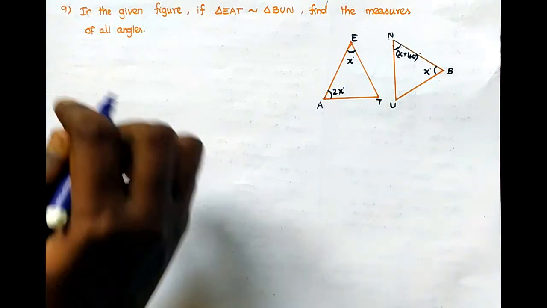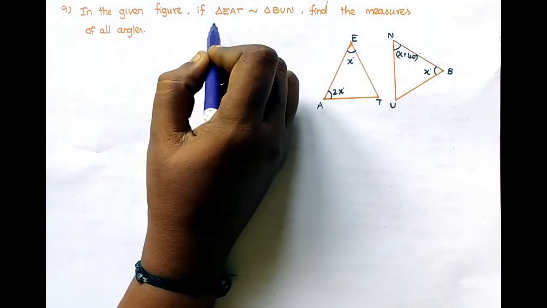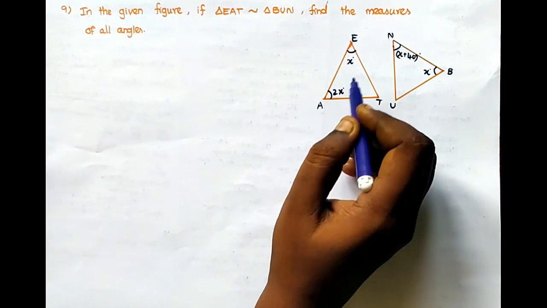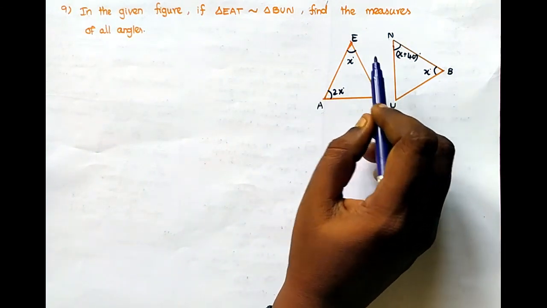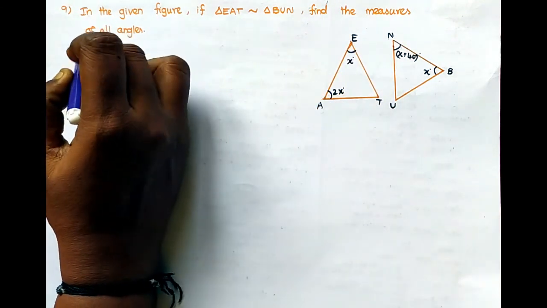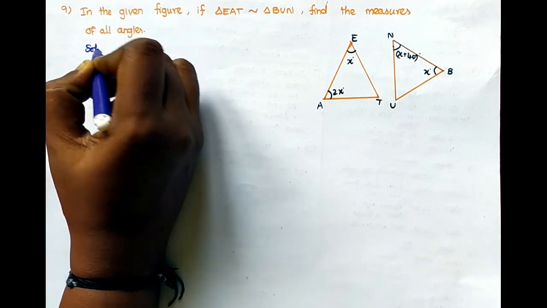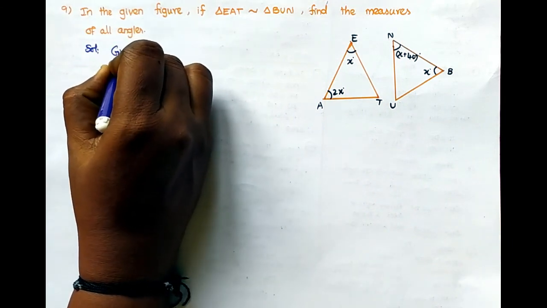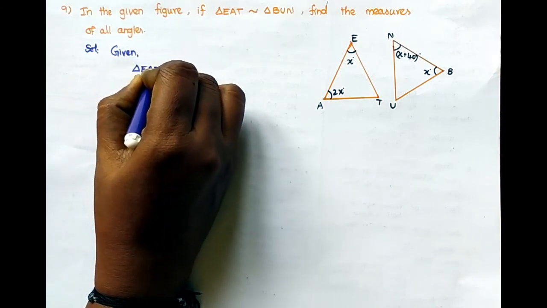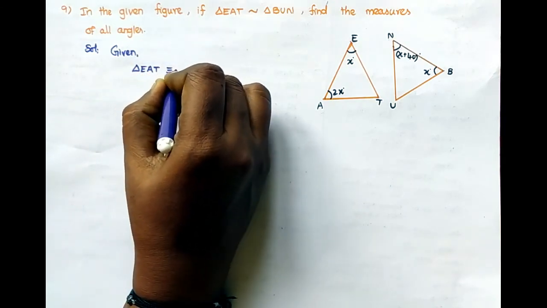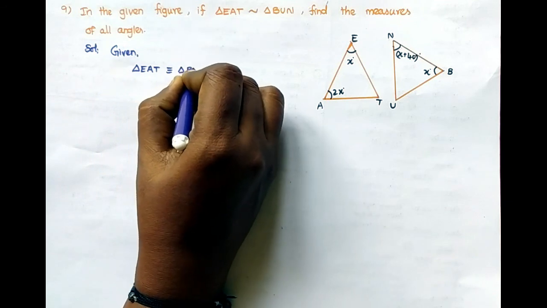Ninth sum. In the given figure, if triangle EAT is similar to triangle BUN, find the measures of all angles. First write down what they given. Triangle EAT is congruent to triangle BUN.